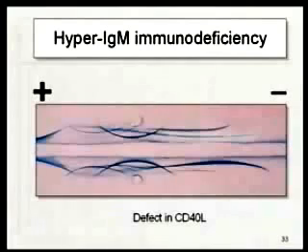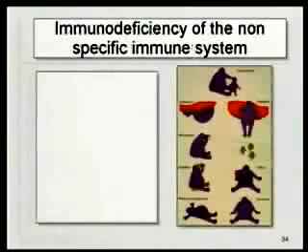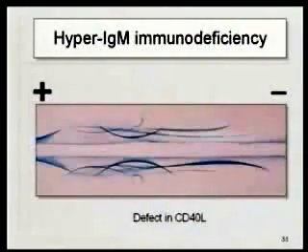Which molecule is involved in that? Come on. Remember that? Class switch? CD40 and CD40 ligand. Okay? CD40 ligand is involved in that. And, of course, there is a defect in CD40 ligand in these patients. And that translates into what?